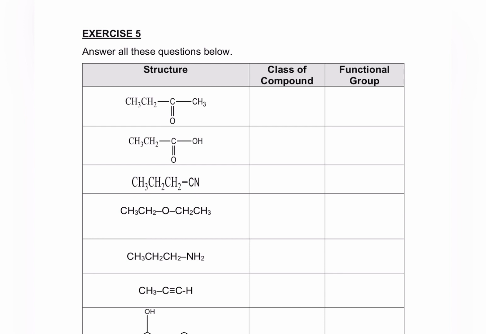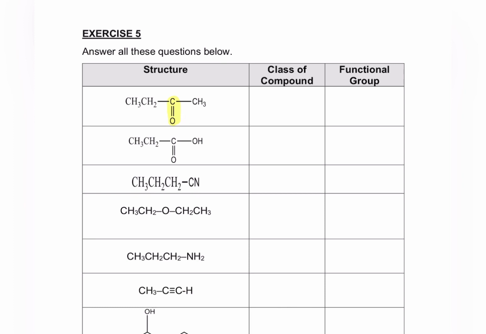So when you see the first structure CH3, CH2, CO, CH3, you can see that there is a double bond to oxygen. And once you take a look here, you have to make sure whether this structure is connected to an alkyl group or hydrogen, because there will be a difference in their class of compound.